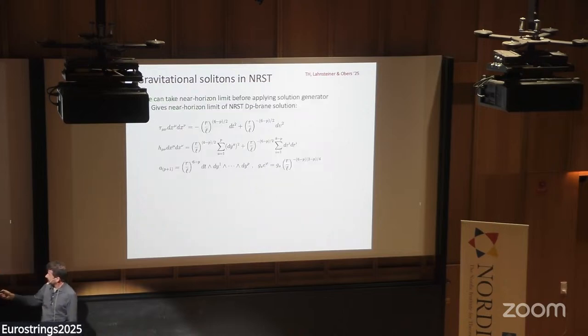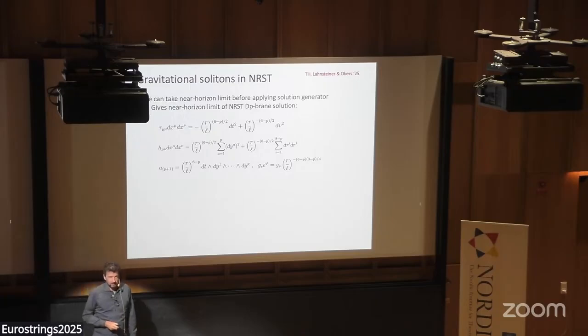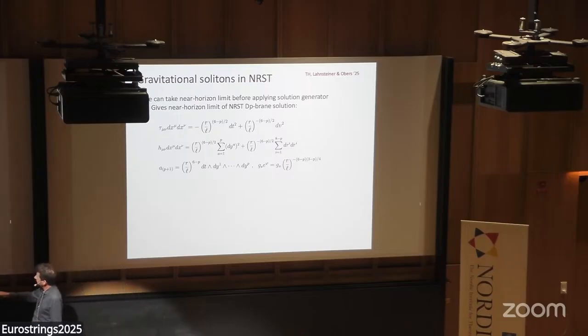That is what gives this near horizon Dp brane geometry in non-relativistic string theory. An interesting thing we observed was that if p is equal to 3, so you have a D3 brane in non-relativistic string theory, then the dilaton remains constant.